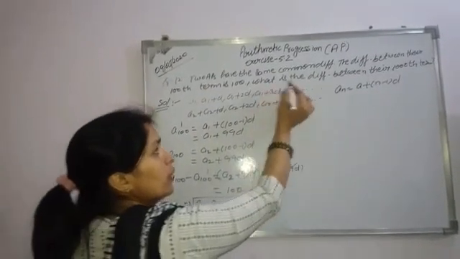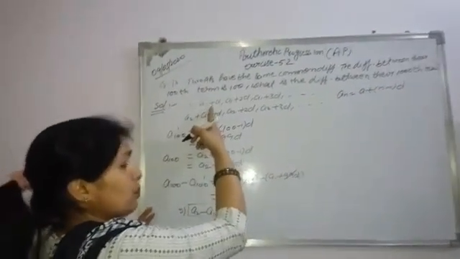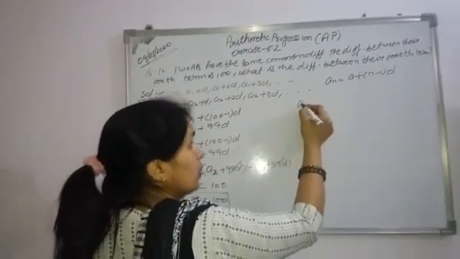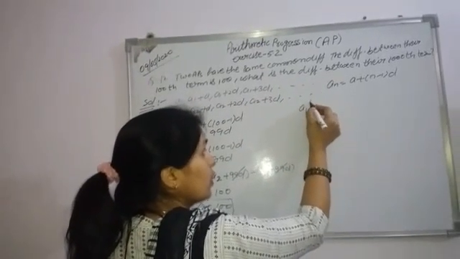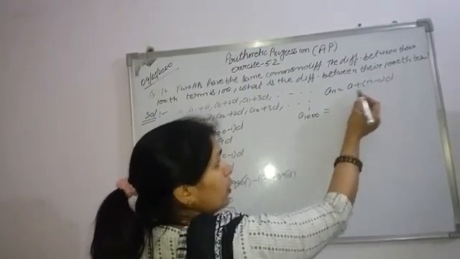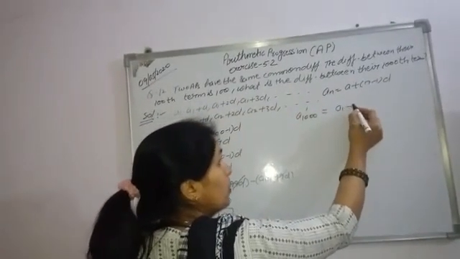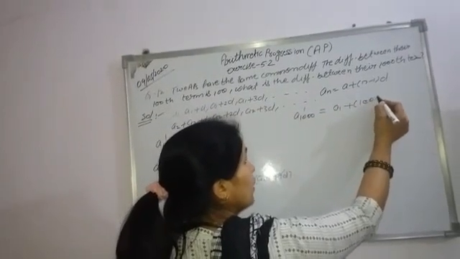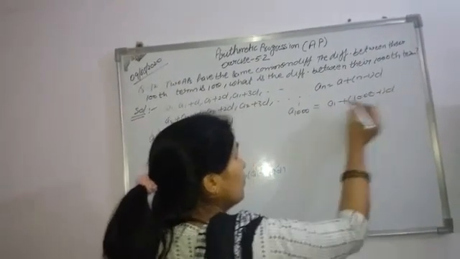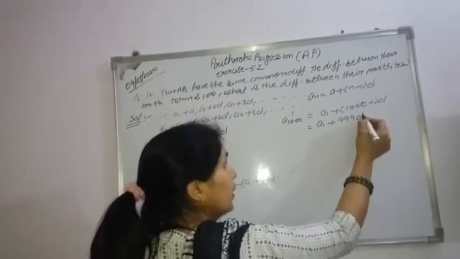Now next, what is the difference between their 1000th terms? From the first AP, find the 1000th term. Let us consider the 1000th term as A1000, and according to the general formula, the first term is A1, so A1 plus 1000 minus 1 into D. So this term is A1 plus 999D.